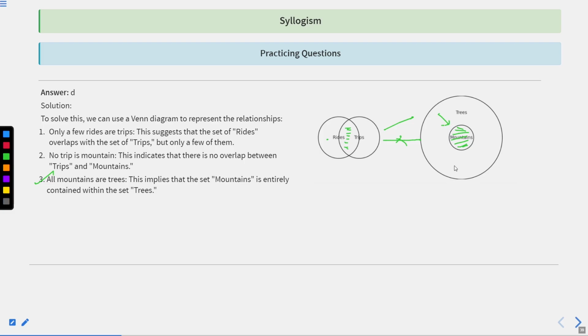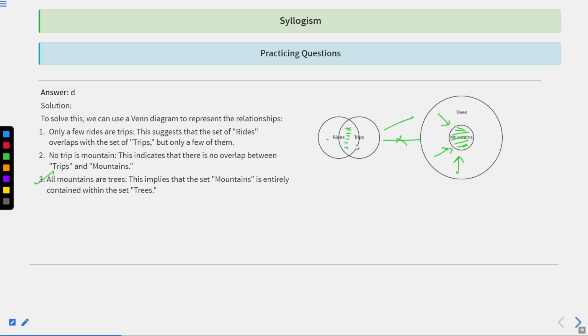Is it true? Yes, this is true, because all mountains are trees. When we say all mountains are trees, it means that there are some trees which are mountains. So some trees are mountains.